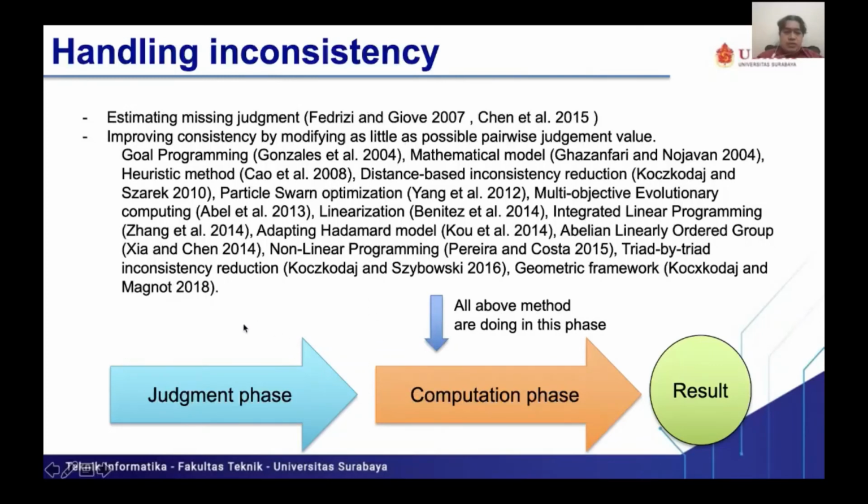After all judgments are collected, there is a computation phase, and these methods modify the values in the computational phase, and we can get the result.